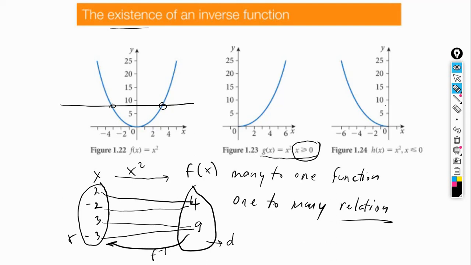This would have an inverse because it would pass the horizontal line test no matter where you draw horizontal lines. Or, on the other hand, you can restrict the domain to all x values that are less than or equal to 0. And this would also have an inverse because, as you can see, it easily passes the horizontal line test.